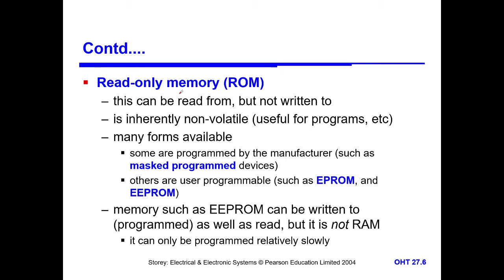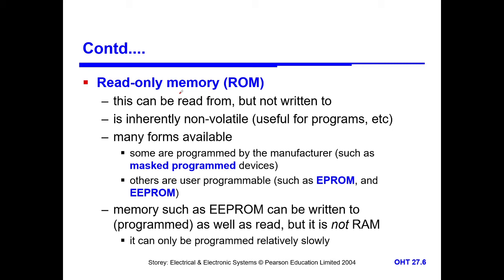It is inherently non-volatile, useful for programs, etc. As compared to RAM, we have many forms of ROM, such as PROM, which stands for programmable read-only memory, EPROM, that is erasable programmable read-only memory, and EEPROM, that is electrically erasable programmable read-only memory.